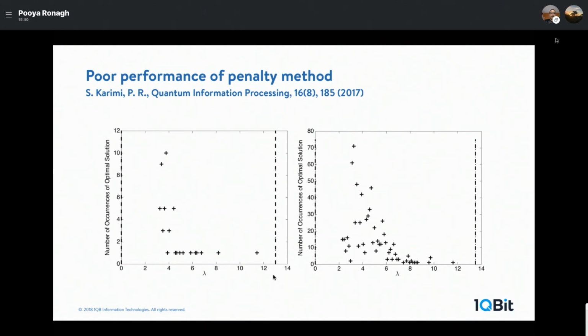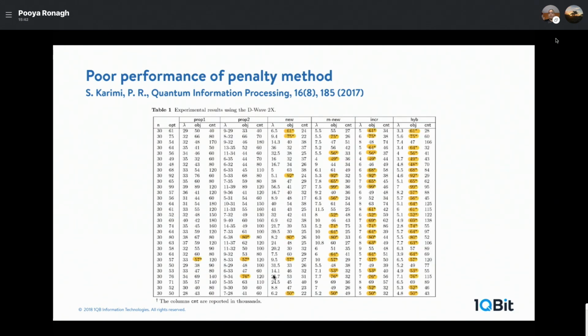So we went ahead and used this idea to create different gradient descent methods to solve the Lagrangian dual problem. The first two columns are instances of size 30 for this generalized quadratic stable set problem. The first two are when we use the two propositions that I talked about. And these columns are showing our learning curve in understanding how to do a good job in making the gradient descent for solving the Lagrangian dual problem using D-Wave systems.